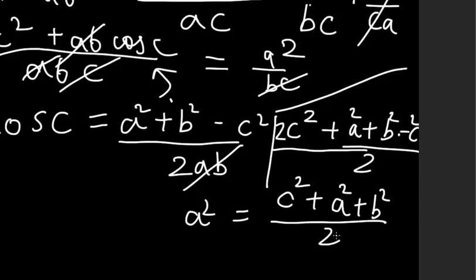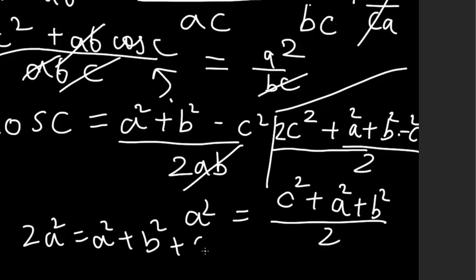So just cross multiply both sides. We are left with 2a square is equal to a square plus b square plus c square, and I think it should be immediately obvious to you that this will now become a square is equal to b square plus c square. And what this means is that we are dealing with a right angle triangle which is right angled at a, and therefore a is equal to 90 degrees.